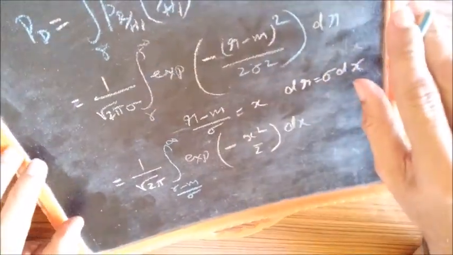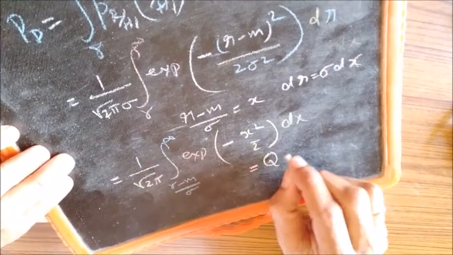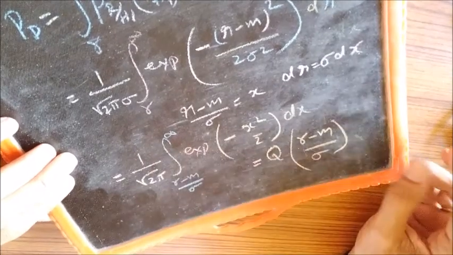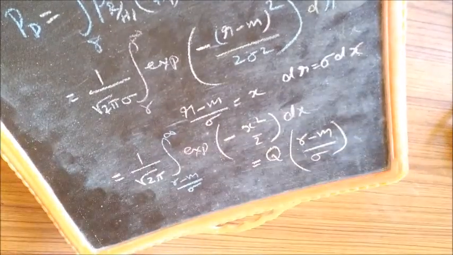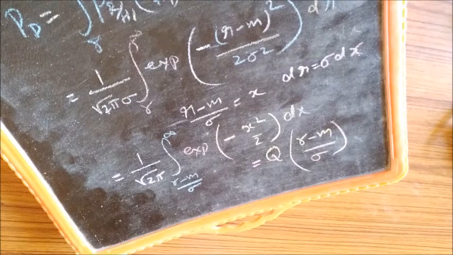By definition of the Q function, we can express this as Q of gamma minus m by sigma. Of course, we can also express this as a complementary error function, erfc, but we will not be doing it. We will be using the Q function. So this is the probability of detection.